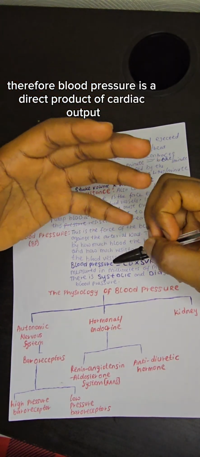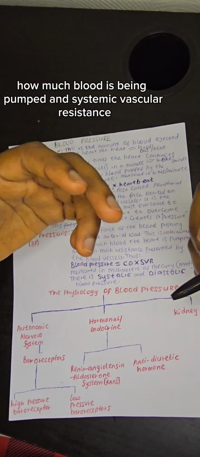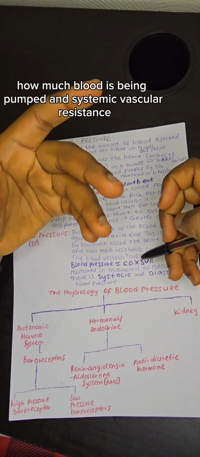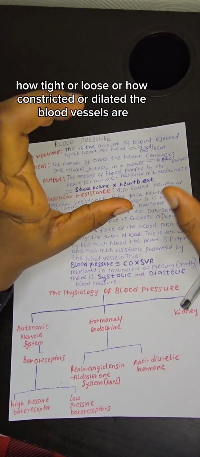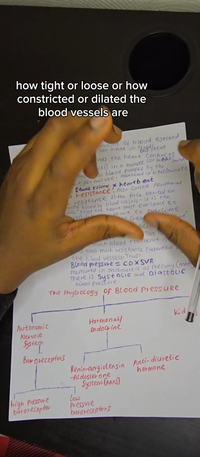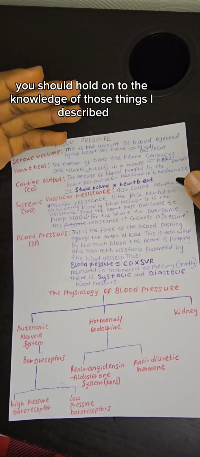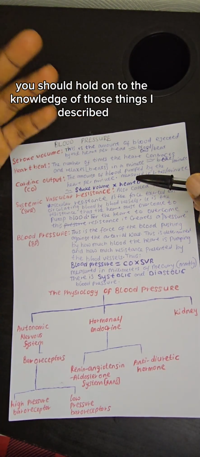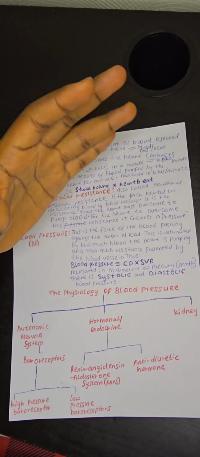Therefore, blood pressure is a direct product of cardiac output, how much blood is being pumped, and systemic vascular resistance, how tight or loose or how constricted or dilated the blood vessels are. So you see why I said you should hold on to the knowledge of those terms I described so that you can understand blood pressure better.